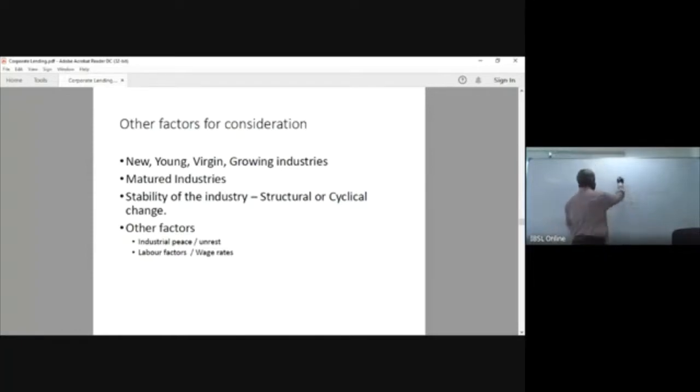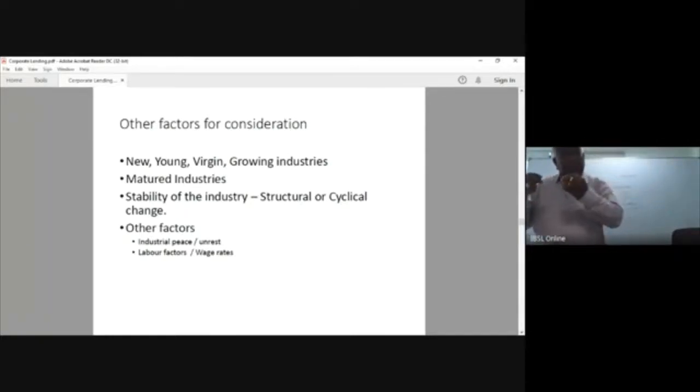Matured industries have limited growth and limited expansion, so the companies operating within that industry also have limited expansion.